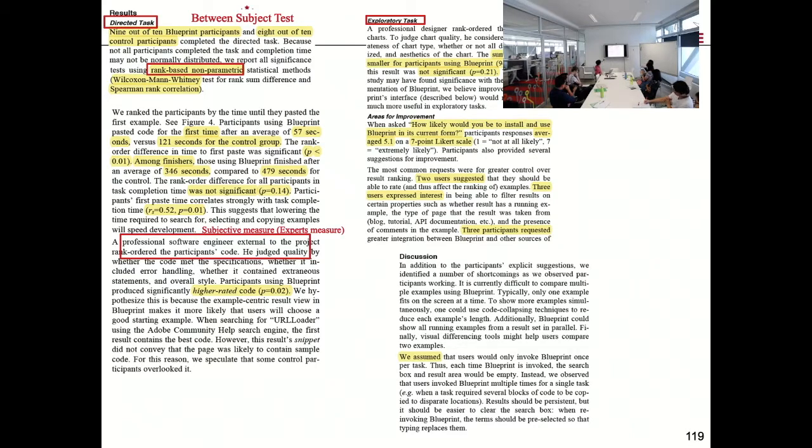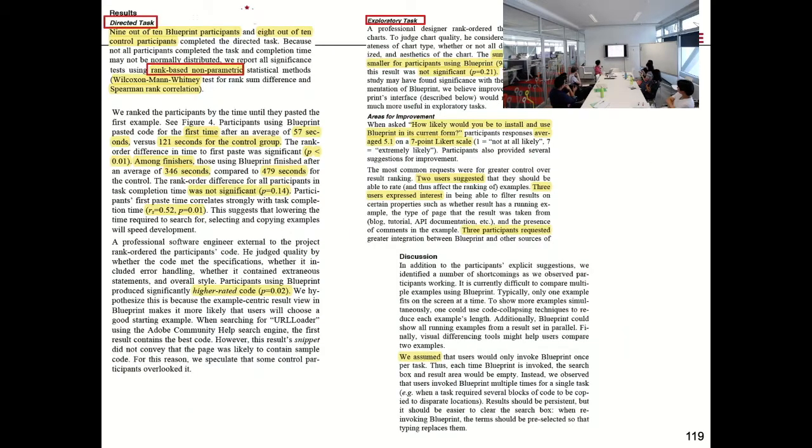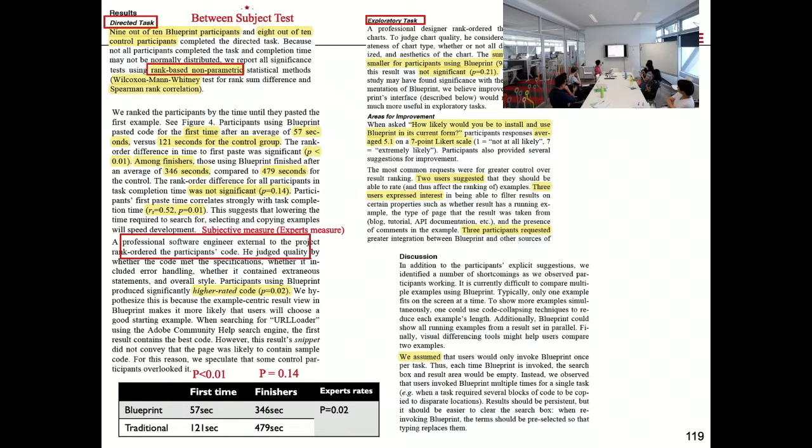And he used subjective measures. Experts just measured the code quality. So okay, now I understand what he means by higher quality. That is just a subjective measure. And for the result, they didn't provide this kind of table, but I just summarized it, which is much easier to understand for the final result.